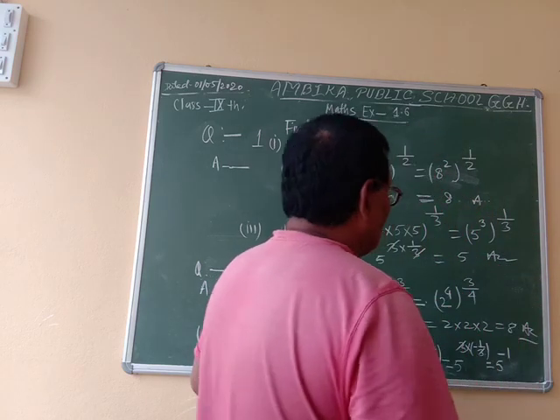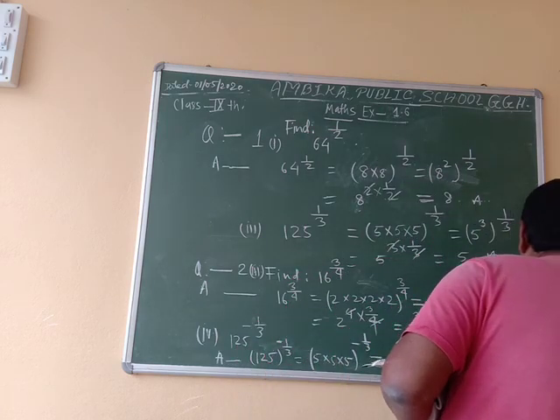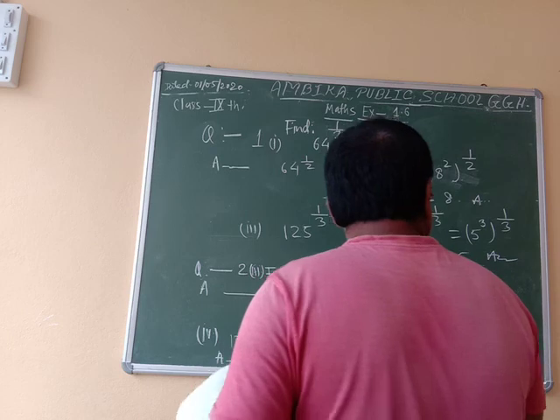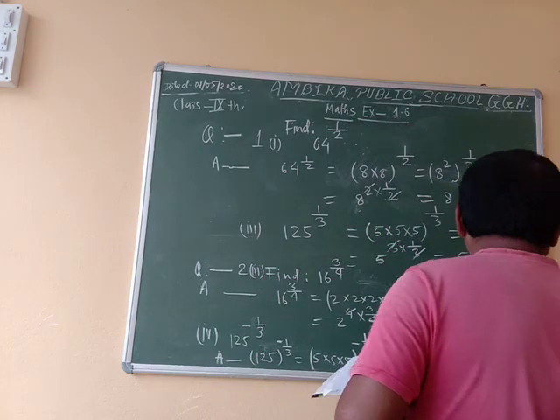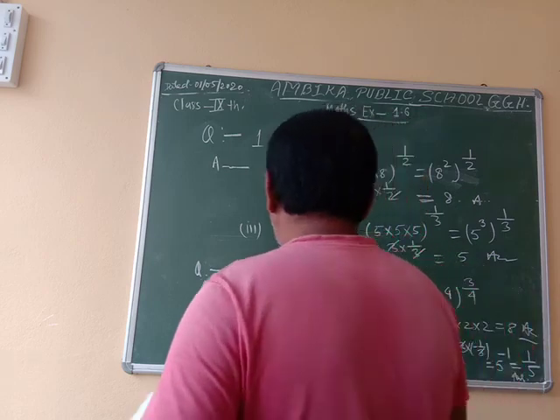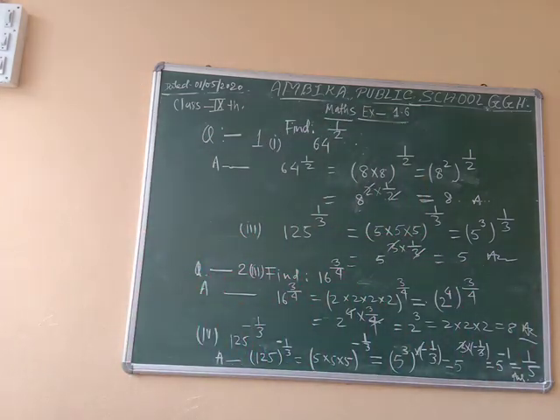The inverse of 5 to the power minus 1 we can write as 1 by 5. So the answer of this question is 1 by 5, because 5 to the power minus 1 is equal to 1 by 5.